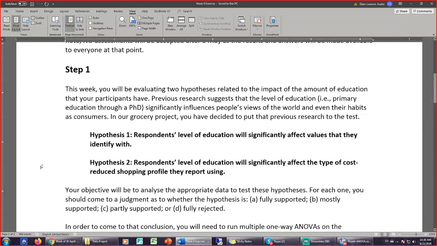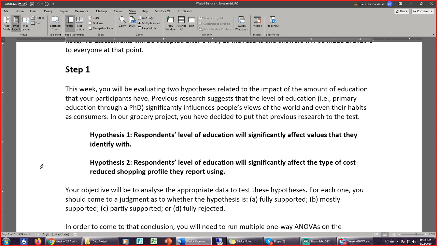So the first step is that you're going to be evaluating 2 hypotheses related to the amount of education and the influence of that on people's values and the type of cost-reduced shopping profile that they report using.